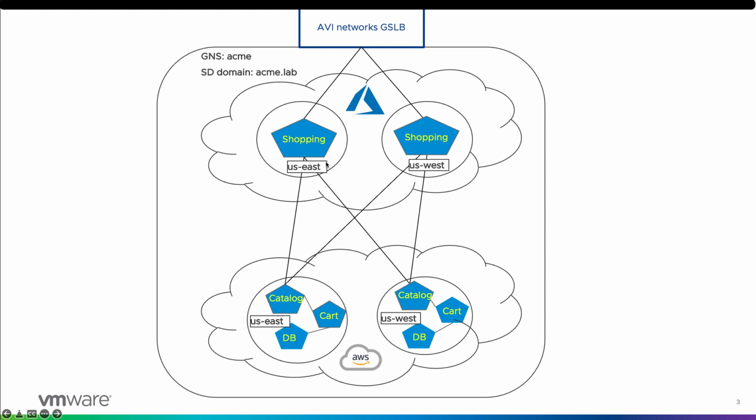This application will also be published through an AVI network GSLB, so NSX Advanced Load Balancer acting as a global load balancer, which will point to the Azure site by defining shopping as the published service. So in essence, we're going to create a multi-cloud, multi-site application published through a global load balancer.